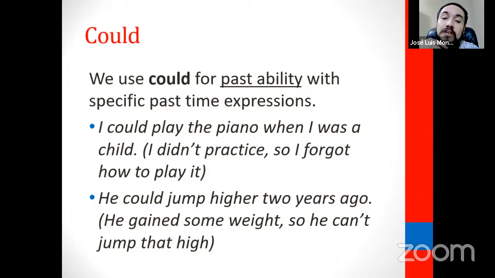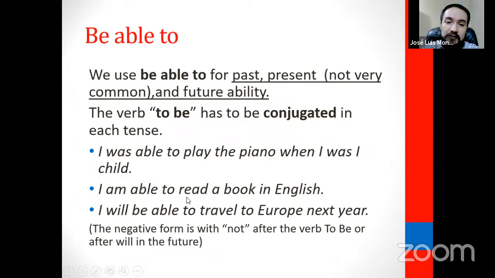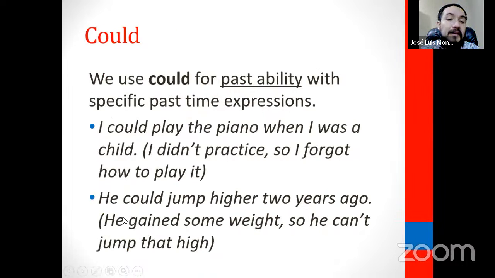Then, he could jump higher two years ago. I don't know, right? Many things change, and among those things you have, for example, physical differences. If you take a look at this, it explains very interestingly that he gained some weight.